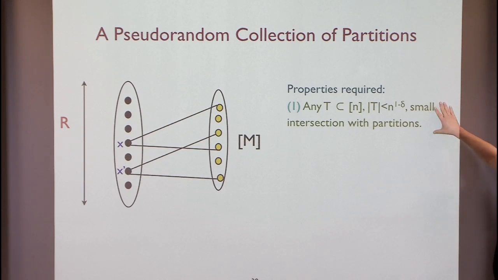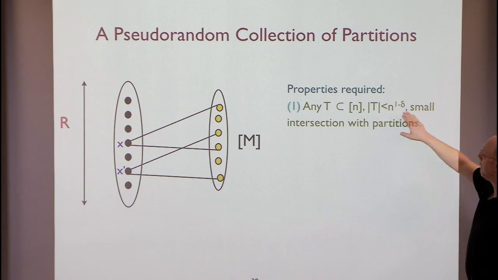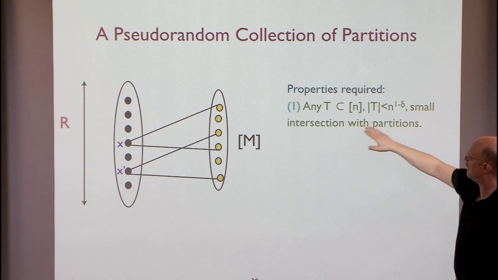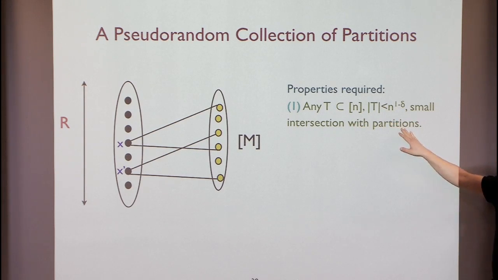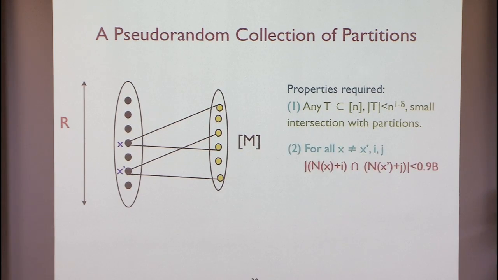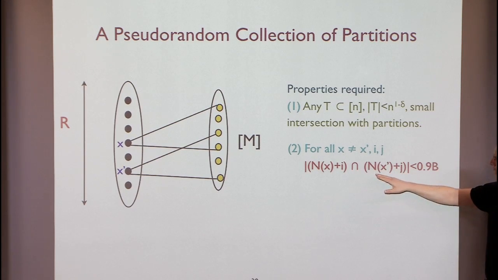Right, so the properties we require, we require that for any T of this large size, it should have small intersection with the partitions. And this is like the extractor property. So we get this from the extractor property. And the second property says we need this sort of pairwise independence.